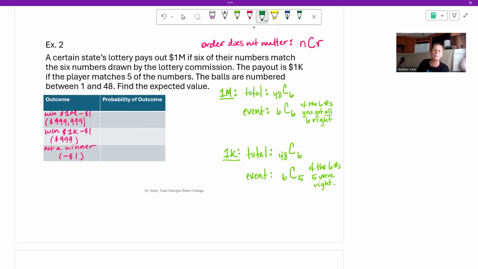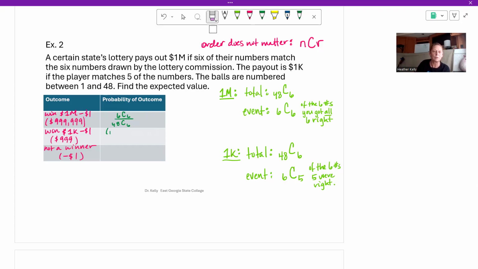Okay, so let's see how this is going to go. The probability of this one is going to be 6C6 over 48C6. And then this one is going to be 6, oh, I didn't finish that event.